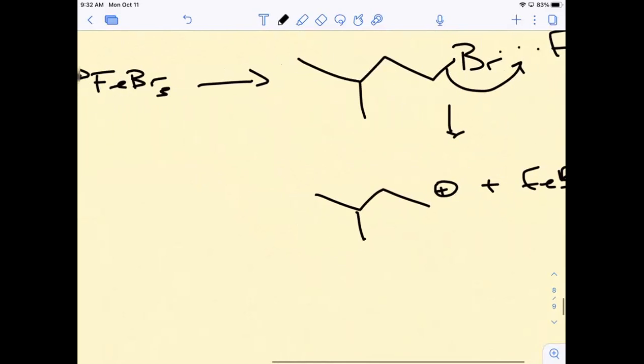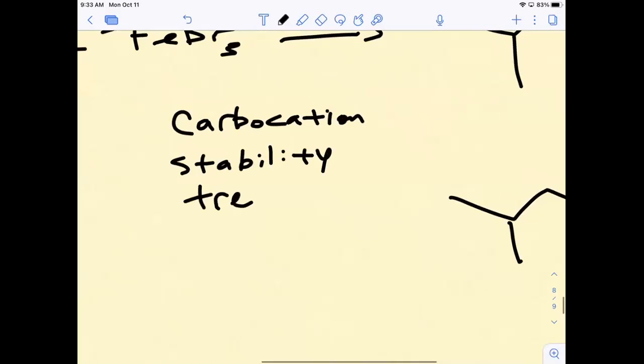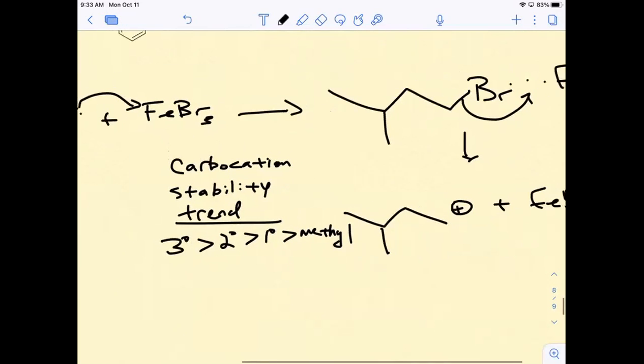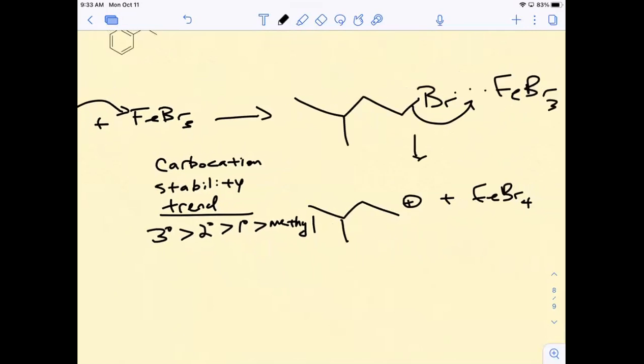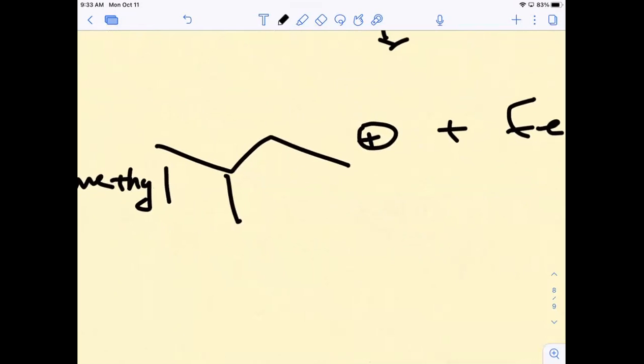Remember, for carbocations, y'all remember the trend? Yeah, so when I lost that bromine, there's actually a CH2 here at the end of this line, right?